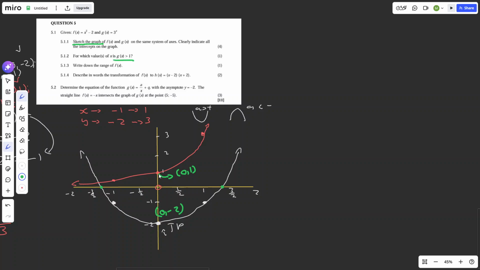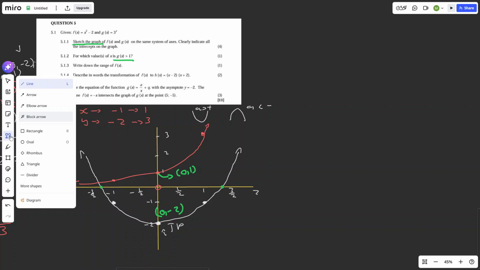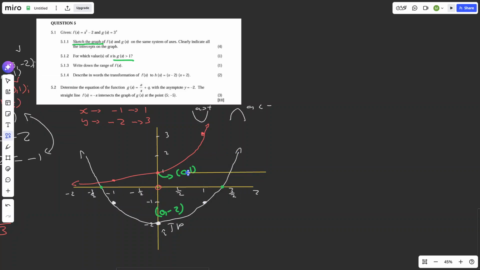So now in the next part, we're going to be finding for which values of x is our function g of x strictly greater than 1. So now let's see here, right? If we go back to our function here, okay, and let's draw a horizontal line. Okay, we want to see where that line is. It's basically gonna go past that point there, right?